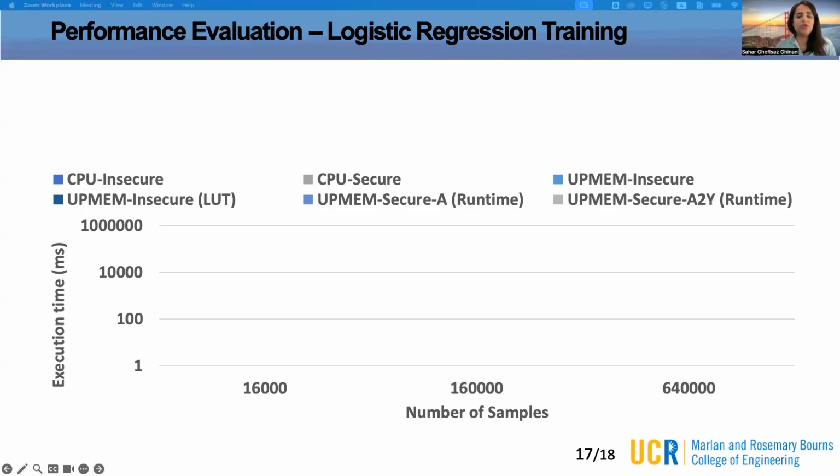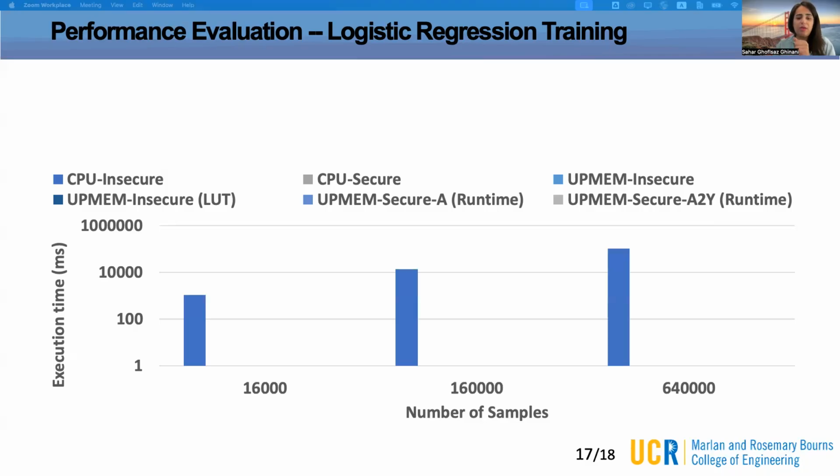So in addition to UPMEM Secure A, which is our implementation when we are only performing linear computation on the PIM, this A2Y version is when we are having both linear and nonlinear computation on the PIM.